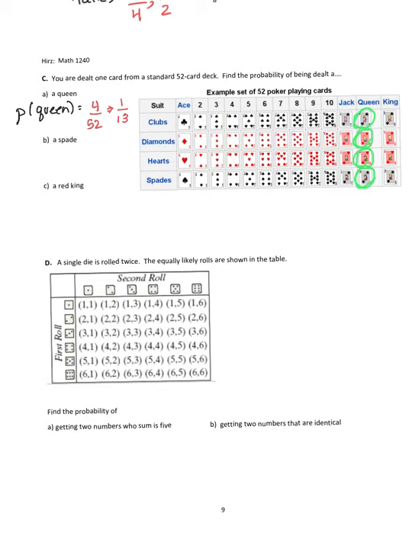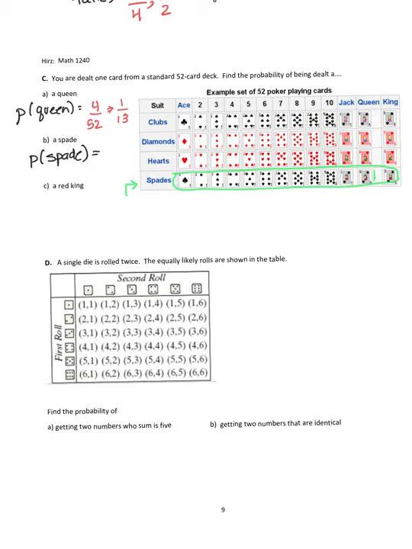All right, how about the probability of being dealt a spade? Okay, so when we look at all the spades, we can erase this here. Here's the spades. My friend likes to call them shovels. And here's all of the spades, right?